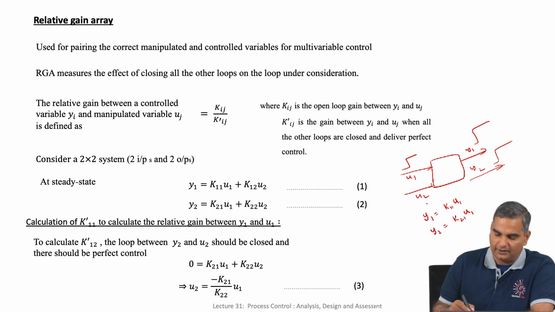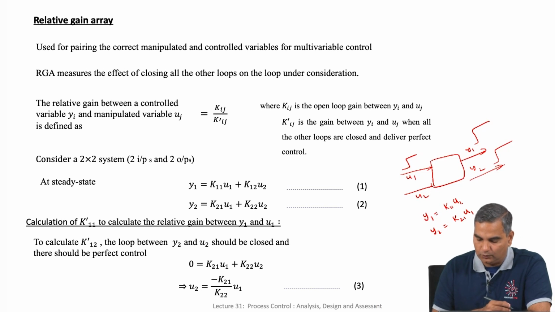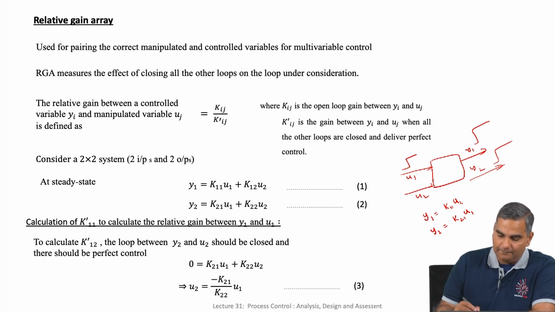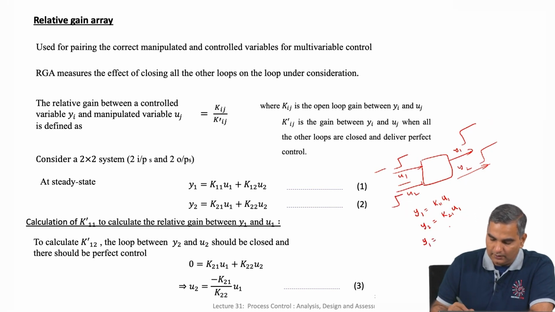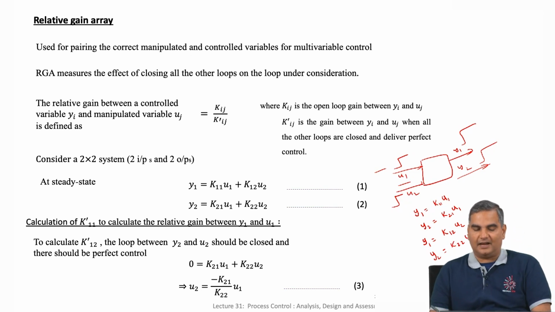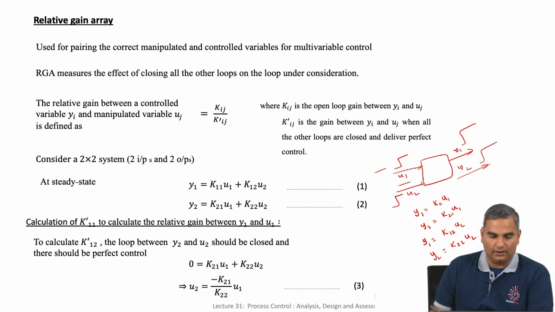So, y1 is k11 u1 and y2 is k21 u1. Similarly, here u2 is remaining constant. Now, if I step u2 up but keep u1 the same, then the change in y1 is k12 u2, and the change in y2 is k22 u2. So, there are these 4 static gains that you get.